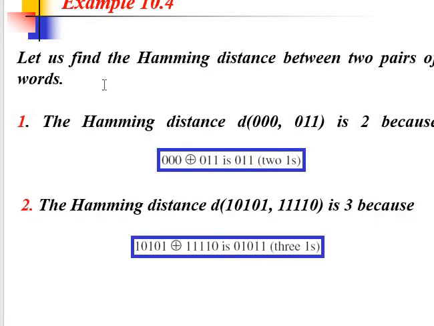The Hamming distance between 000 and 011: here the first bit is the same, the second bit has changed, and the third bit has changed, which means two bits have changed. That is the Hamming distance. 000 XORed with 011 is 011, which is nothing but 2. This is for 3 digits.